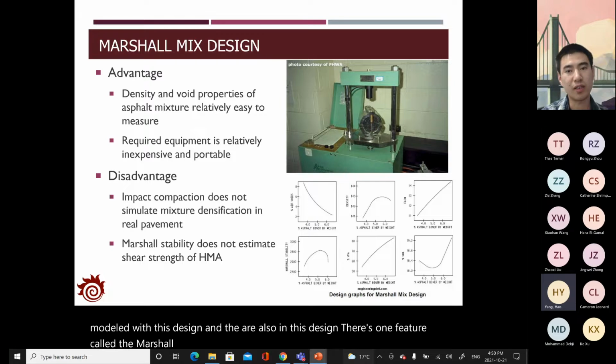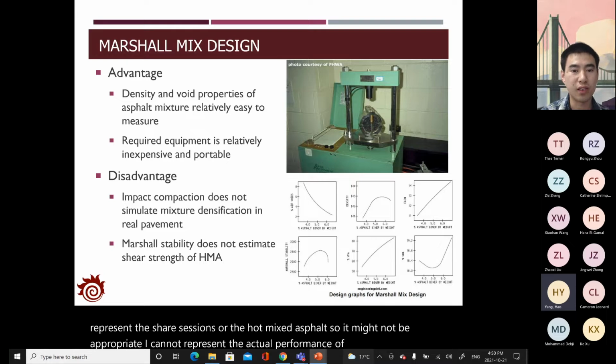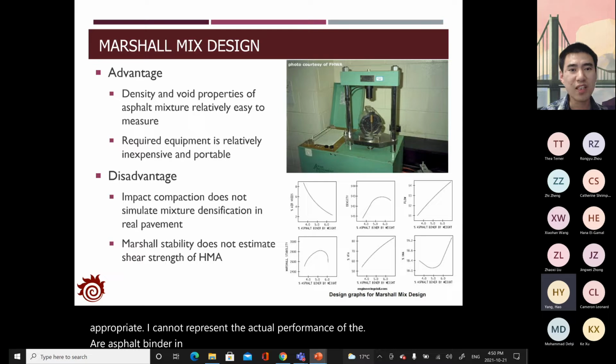This one is measured in the design, but it does not represent the shear strength of the hot mixed asphalt. So it might not be appropriate, or it cannot represent the actual performance of the asphalt binder in the real world.